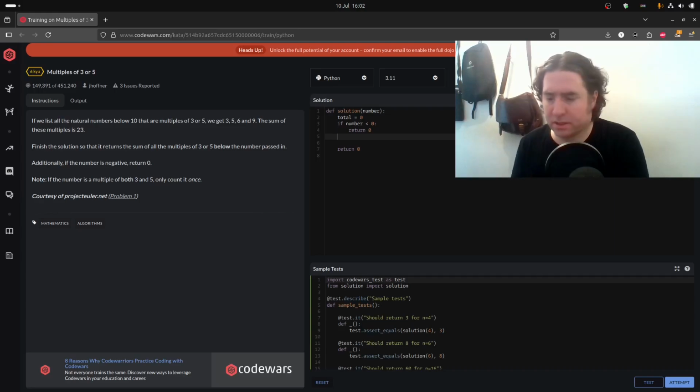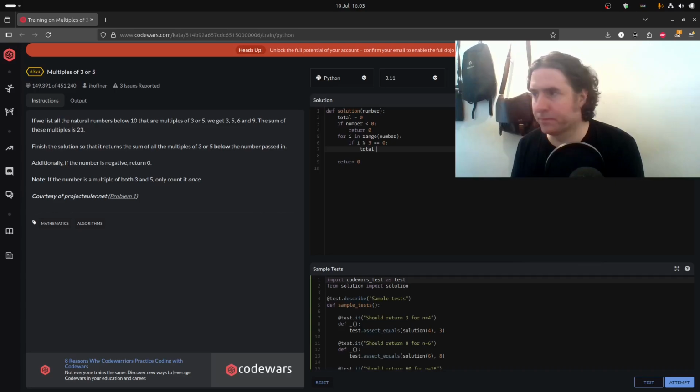Okay, the most obvious solution is just to FizzBuzz it. If i modulus 3 is 0, then add it to the total.